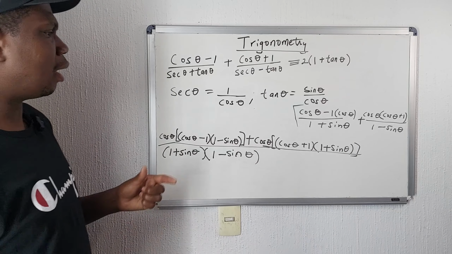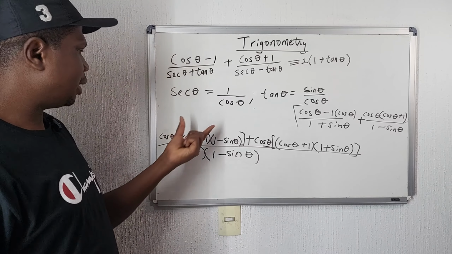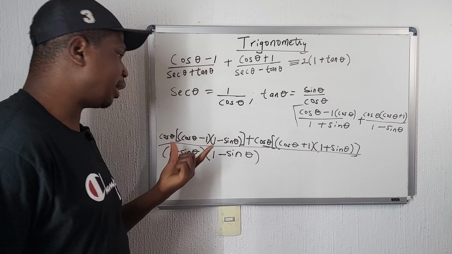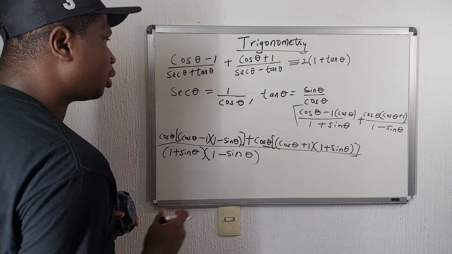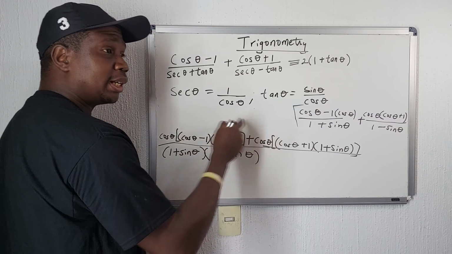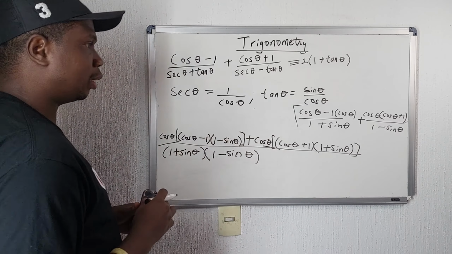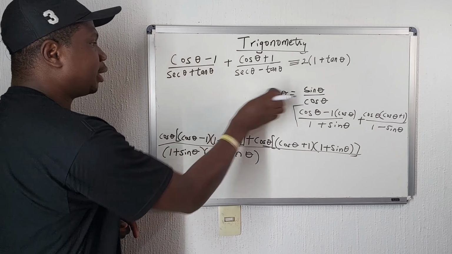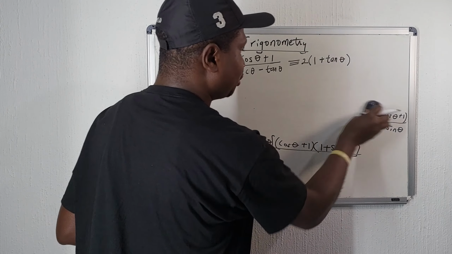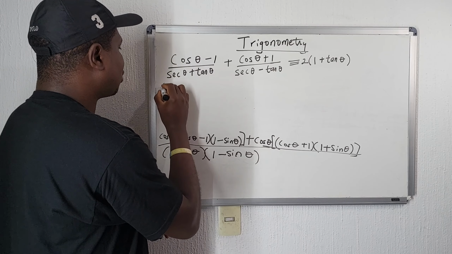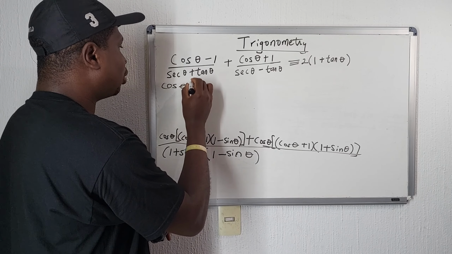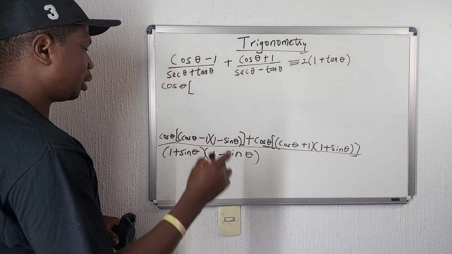Now, this and this is like a difference of two squares. But we're going to simplify it first. Before simplifying, cos theta is common in both, so we can take it out. Let's click here to create space. Now, cos theta is common in the numerator.